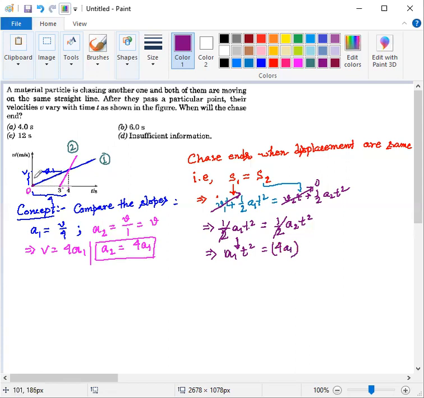So from the transformation theory of graphs, we can say that if any graph starts in advance, then for finding its equation, it should be minus. And if any graph starts lagging, then it should be plus. Now, we're taking the time taken for particle 1 as t, and the time taken for particle 2 is this t.